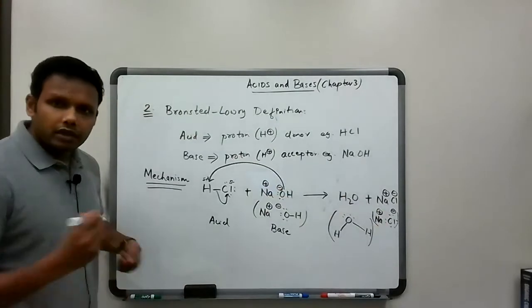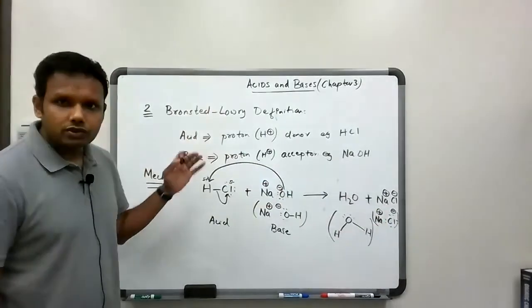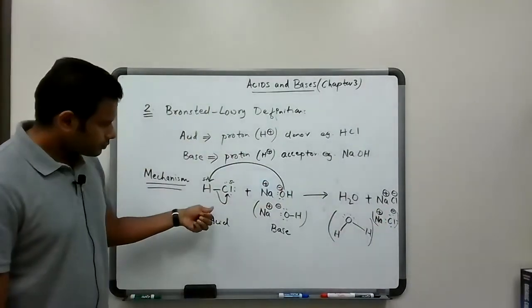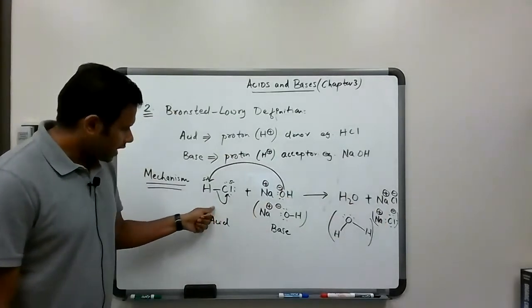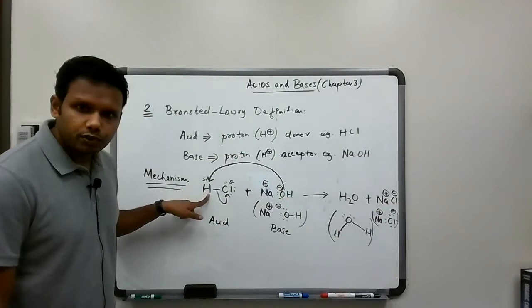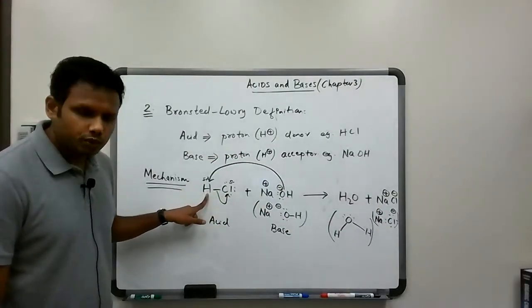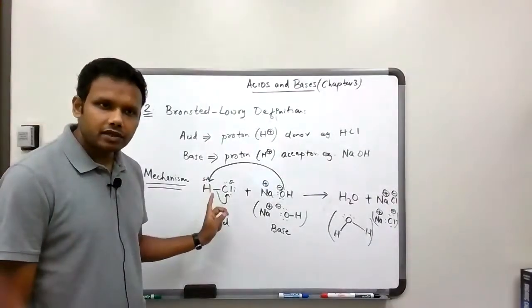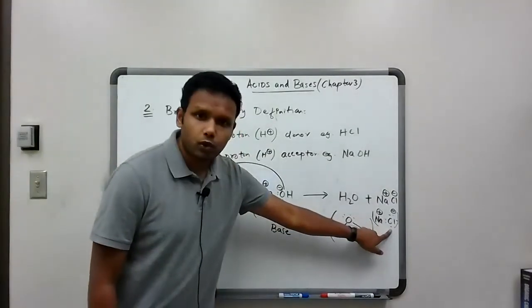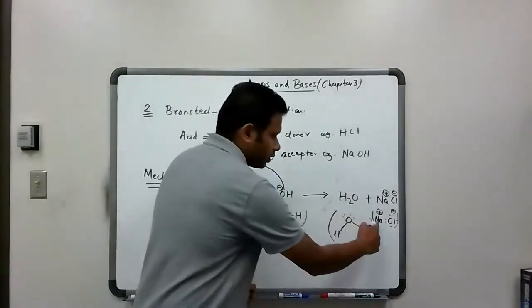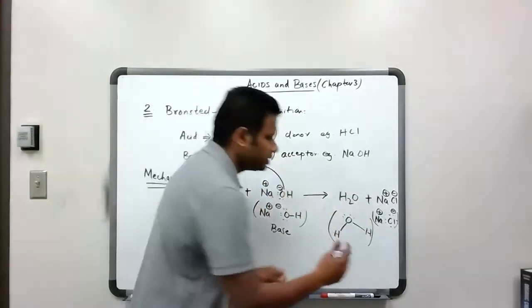Now another point here: in an acid-base reaction under the Bronsted Lowry definition, when an acid reacts with a base, the acid is losing its proton. The acid is HCl. It will lose its proton, and the species that results from that loss of the proton, which is the chloride ion here, not the sodium, because the sodium is just balancing the charge, but they are one species together.